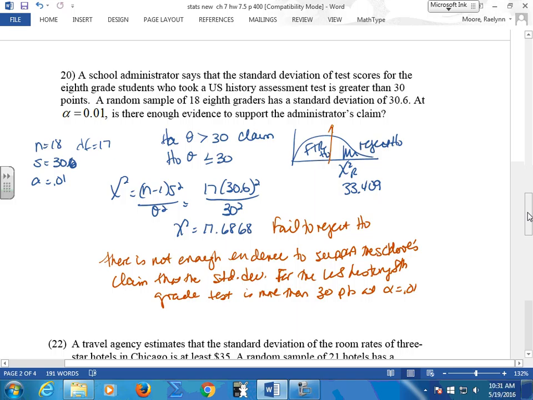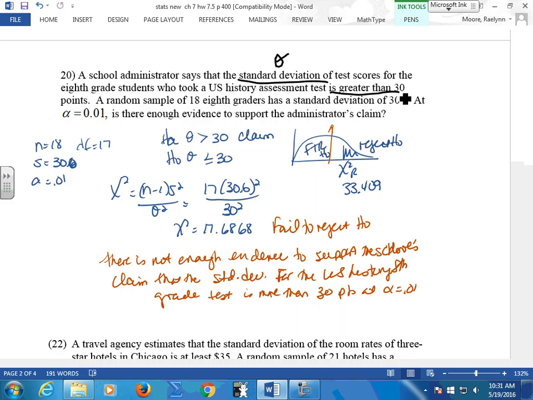So a school administrator says that the standard deviation, so therefore I should see this parameter, standard deviation, not P, not mu, of test scores for the 8th grade is greater than, there's my math statement, 30 points. I took a sample of 18. They have a sample standard deviation of 30.6.